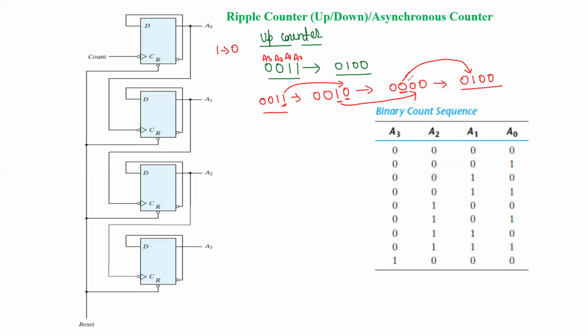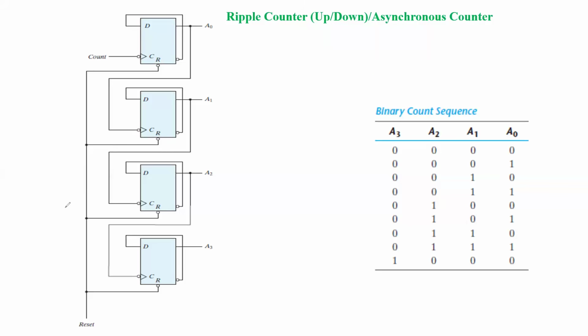But A2 has changed from 0 to 1, so it doesn't have the capability to complement the next bit, that is A3. Like this, we are able to obtain this counting in ascending order. You can take other examples and practice any other combinations, keeping in mind that whenever there is a transition from 1 to 0, only then will complement take place.